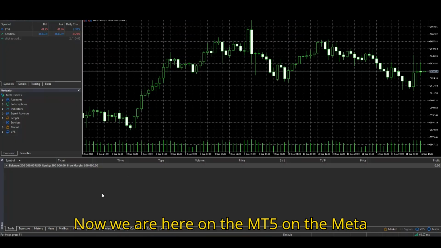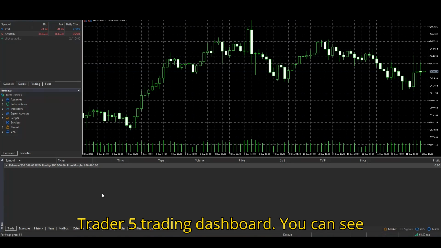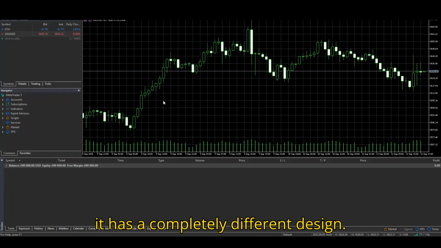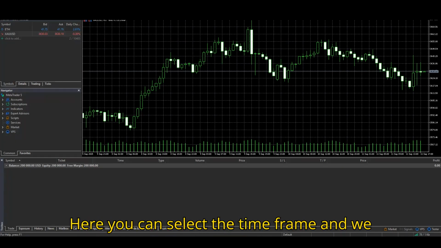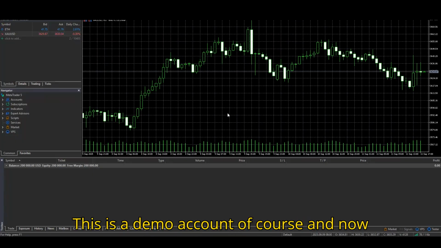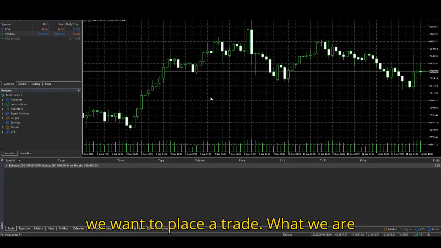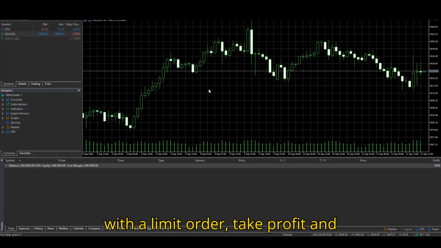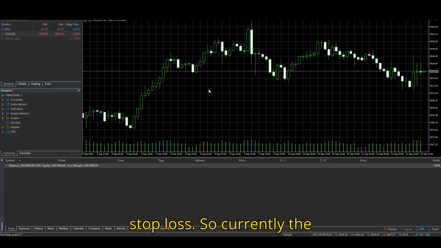Now we are here on MT5, on the MetaTrader 5 trading dashboard. You can see it's similar to the crypto exchange, but it has a completely different design. Here you can select the time frame, and we are checking out gold, XAU USD. This is a demo account, of course, and now we want to place a trade. We are going to place a trade with a limit order, take profit, and stop loss.